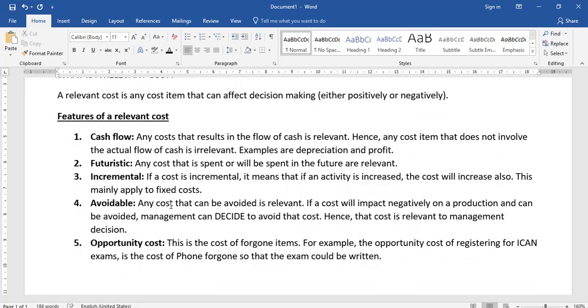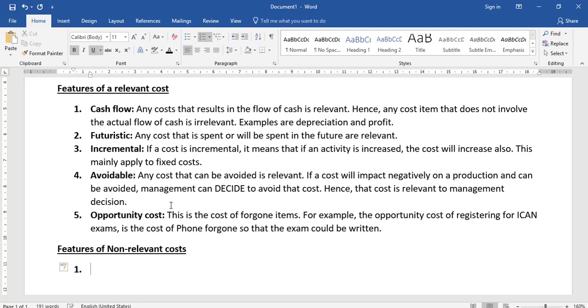So let's look at features of non-relevant costs. So let's look at it again.